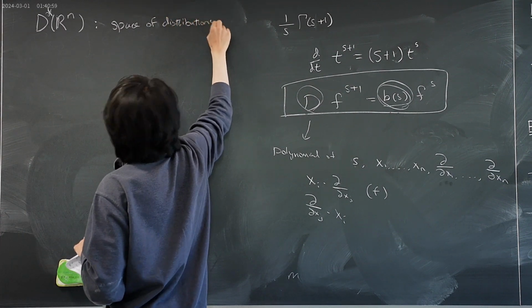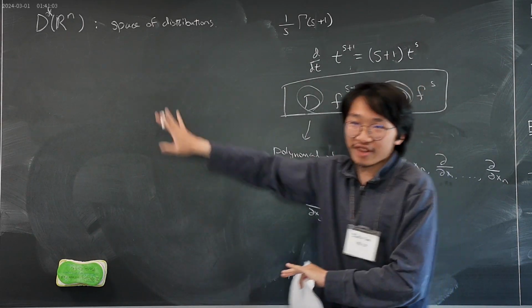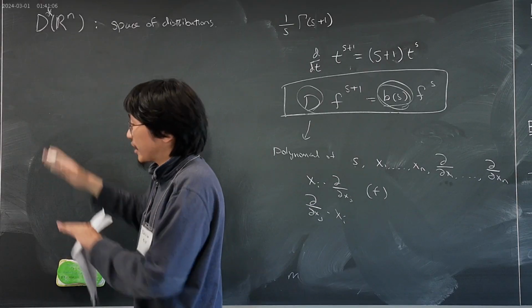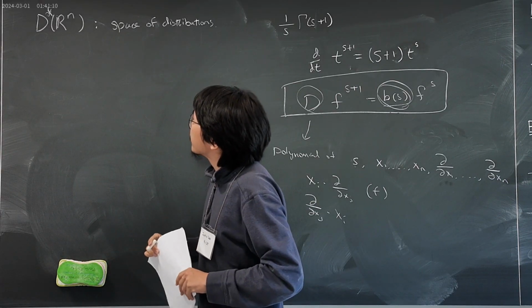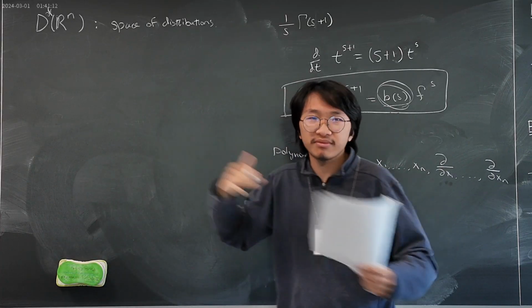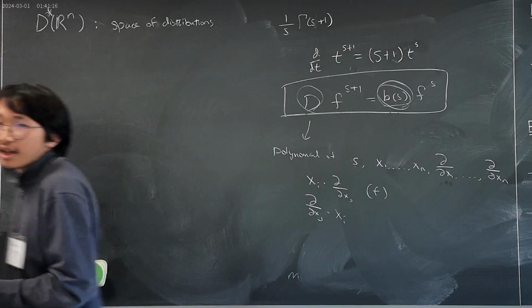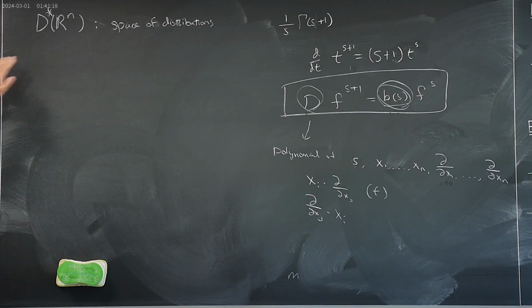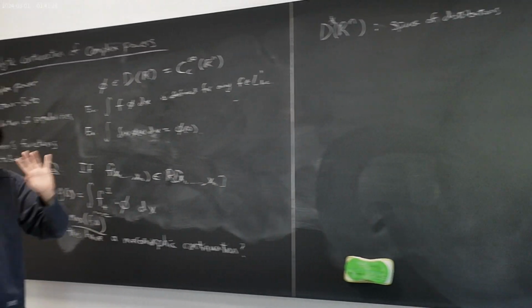Now, for the analysts in the room, there are some technicalities to making this definition more precise. One is that it's not just any linear algebraic linear map; it does have to be continuous with respect to the topology you put on here. The topology is such that a sequence of functions converges if all of its derivatives converge.